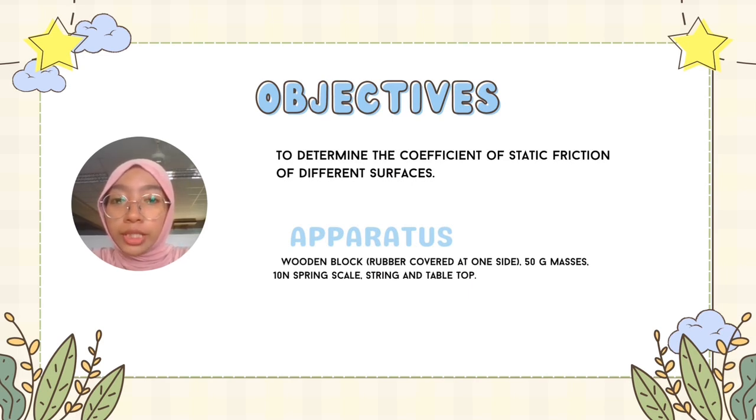Objective: to determine the coefficient of static friction of different surfaces. Apparatus: wooden block, rubber covered on one side, 15 g masses, 10 N spring scale, string and tabletop.